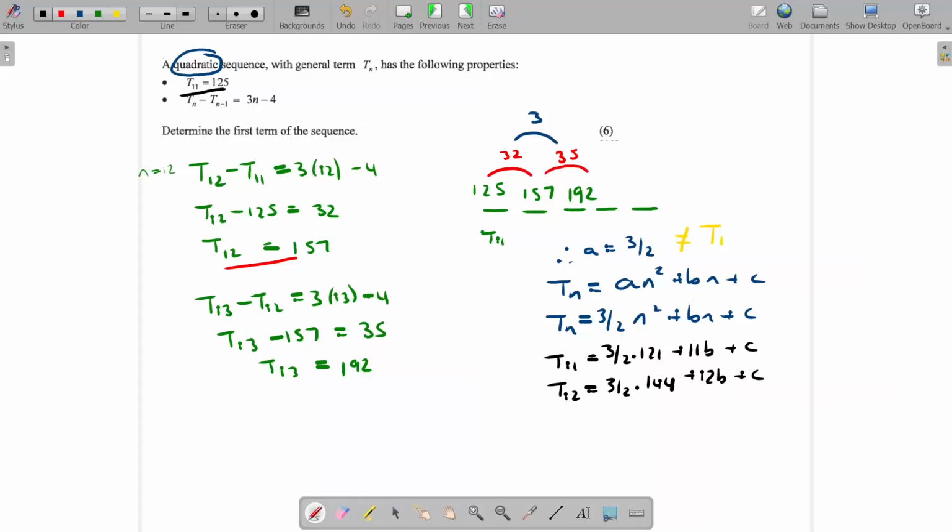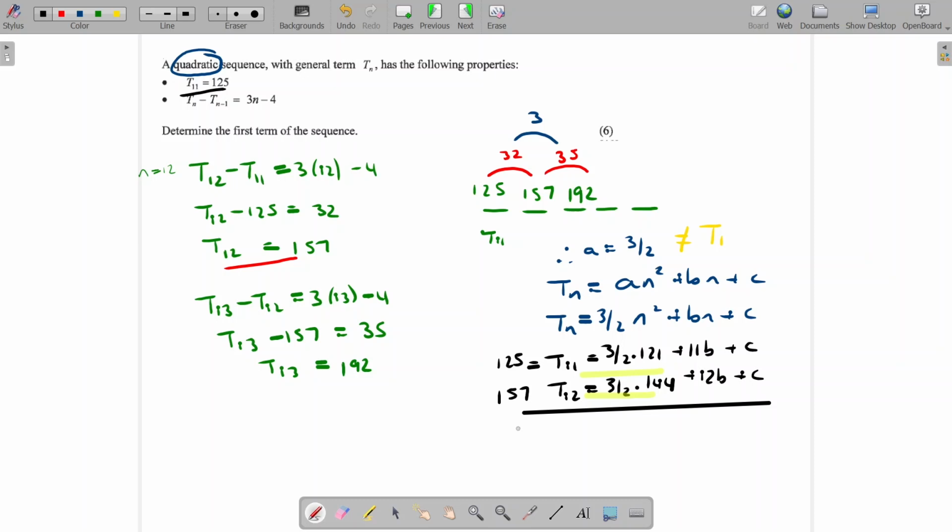If I was to take those two formulae that I've just worked out and do simultaneous equations with them, sorry, I needed my values here. I've been a bit remiss. This one equaled 125. This one equaled 157.